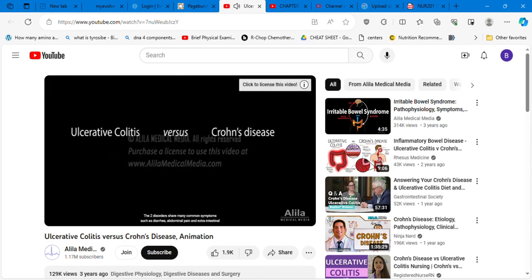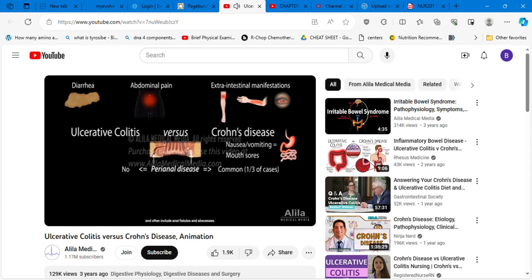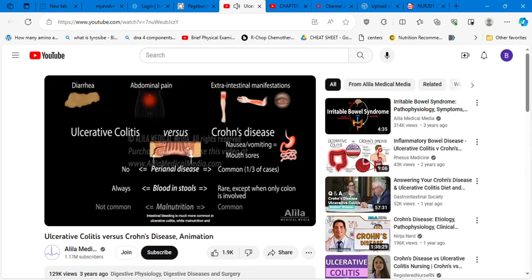The two disorders share many common symptoms, such as diarrhea, abdominal pain, and extraintestinal manifestations. However, Crohn's disease symptoms can be more variable depending on the affected locations and often include anal fistulas and abscesses. Intestinal bleeding is much more common in ulcerative colitis, while malnutrition and weight loss is more common in Crohn's disease.